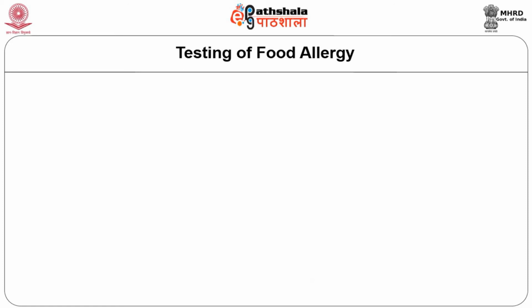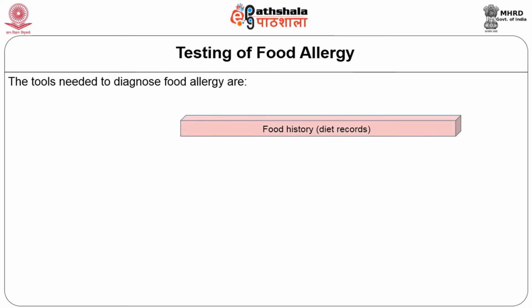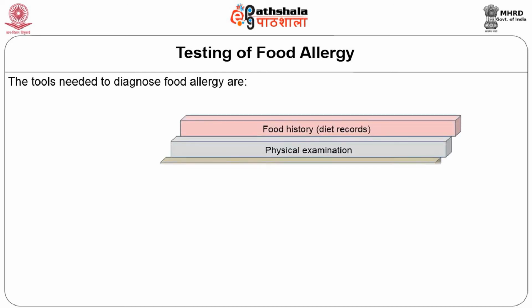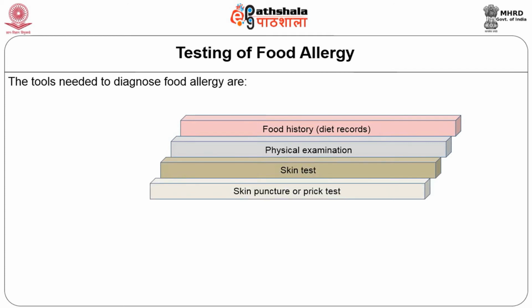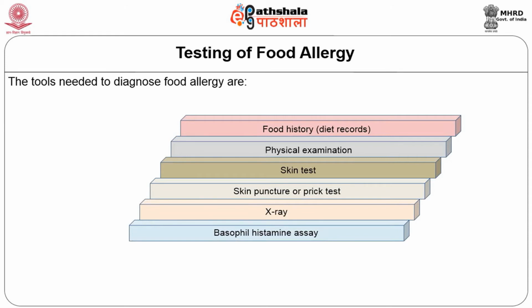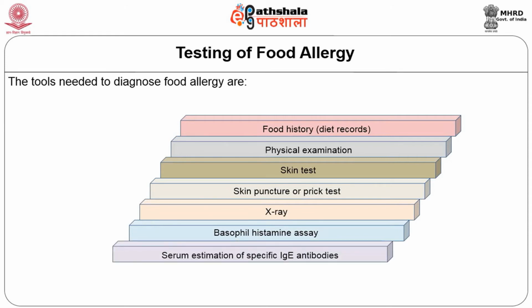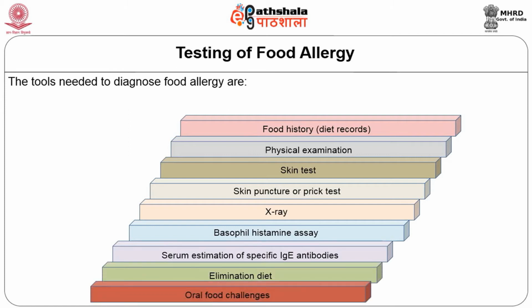There are certain methods that are used to ascertain whether an individual is allergic to a certain type of food. Some of the techniques needed to diagnose food allergy are food history, physical examination, skin test, skin puncture or prick test, X-ray, basophil histamine assay, serum estimation of specific immunoglobulin E antibodies, elimination diet, and oral food challenges.